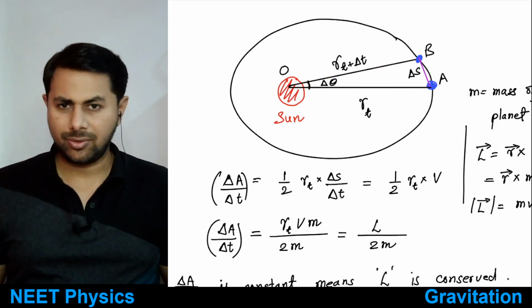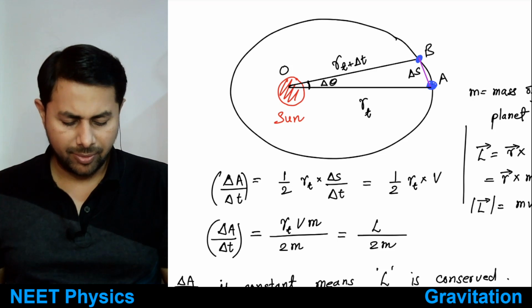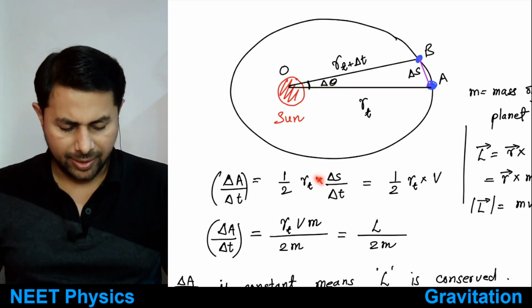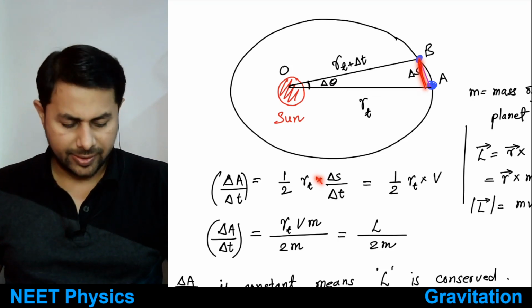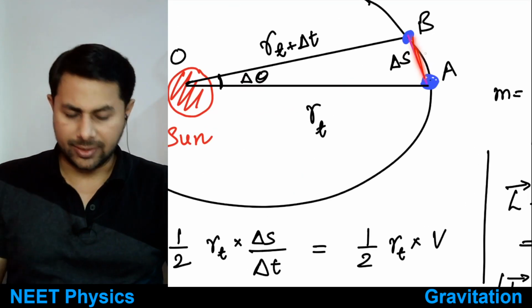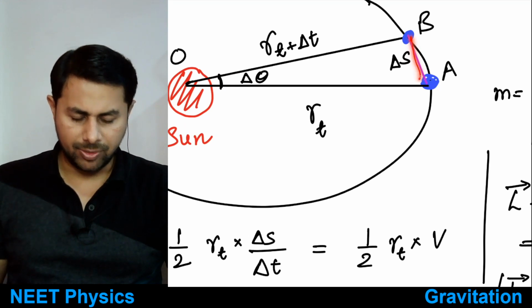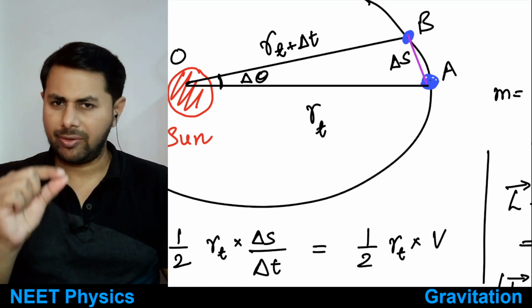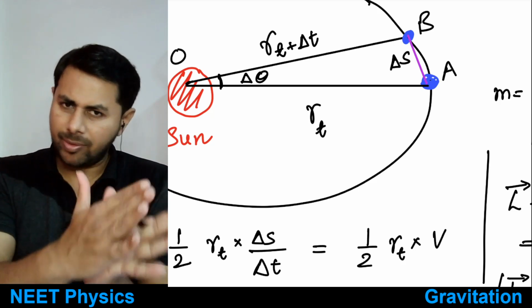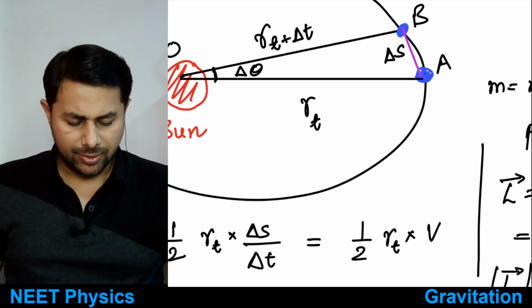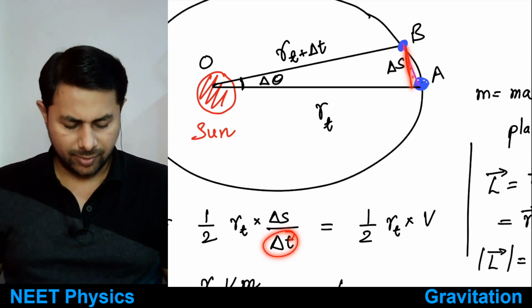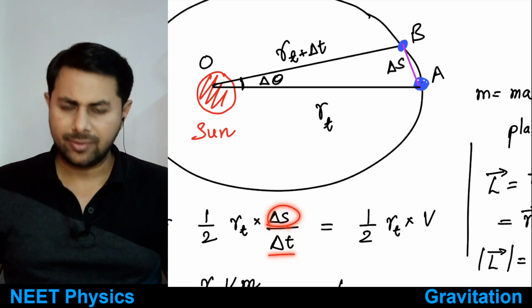It is half of base into height. So it's half of r at time t multiplied by delta s. Delta s is the height, or the distance through which it moves. It will be approximately perpendicular if you take a very small interval of time. Then delta s divided by delta t.